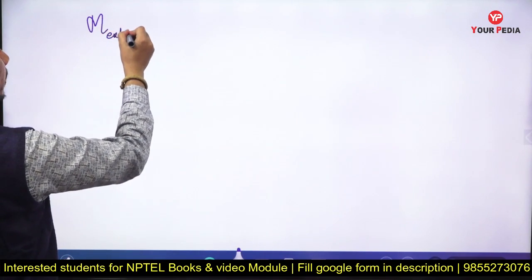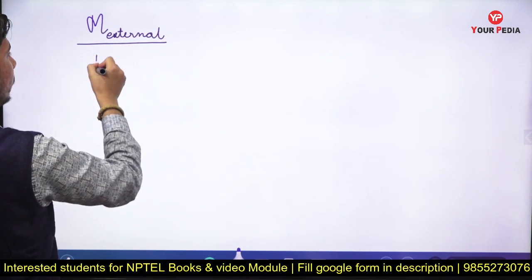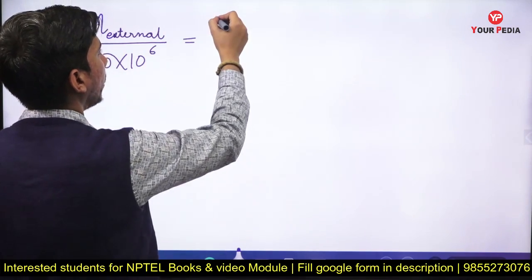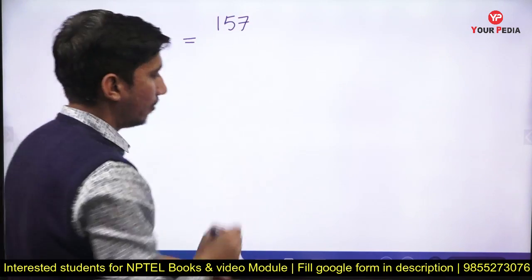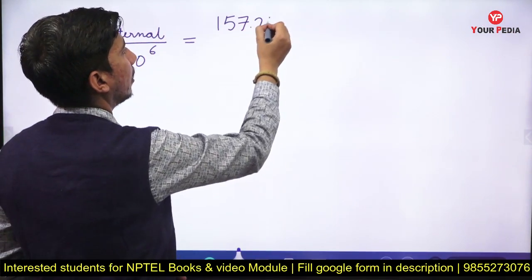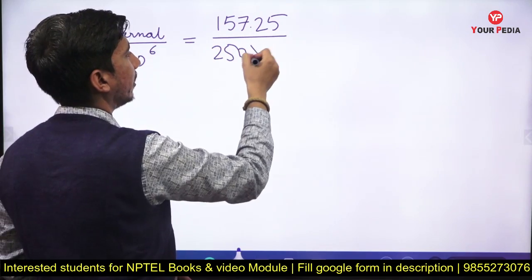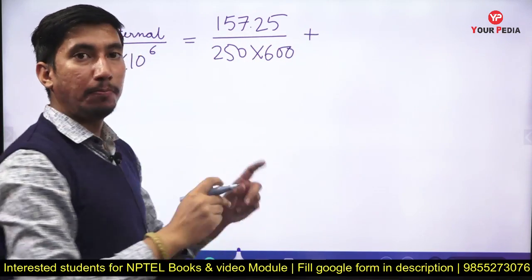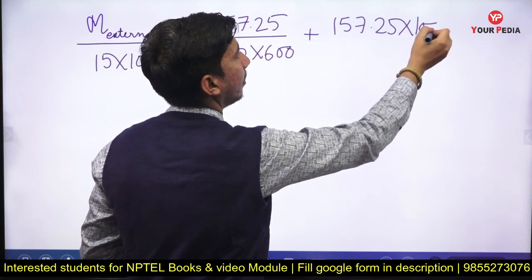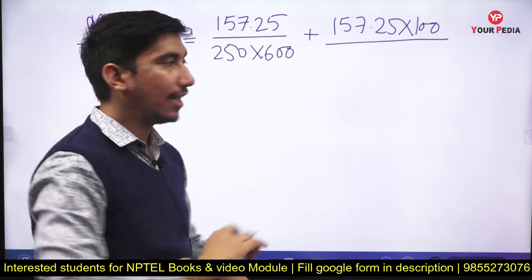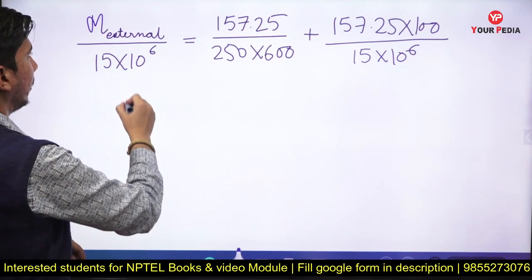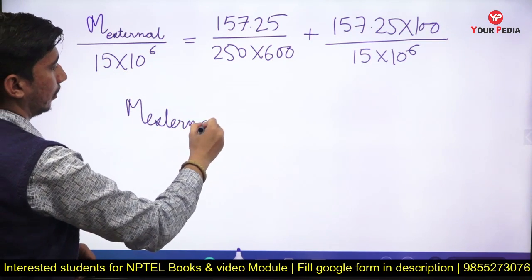M external divided by Z should be equal to P, P was 157.25, divided by B into D, plus P into E. E was 100, divided by again Z, which is 15 into 10 raised to power 6. Okay, from here I can find the value of M external.